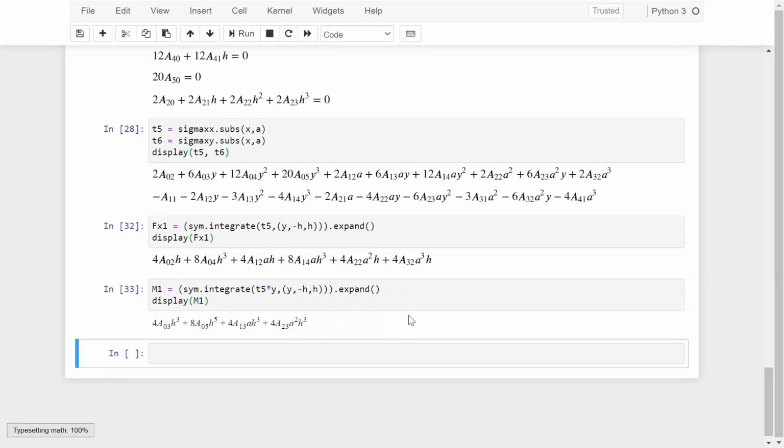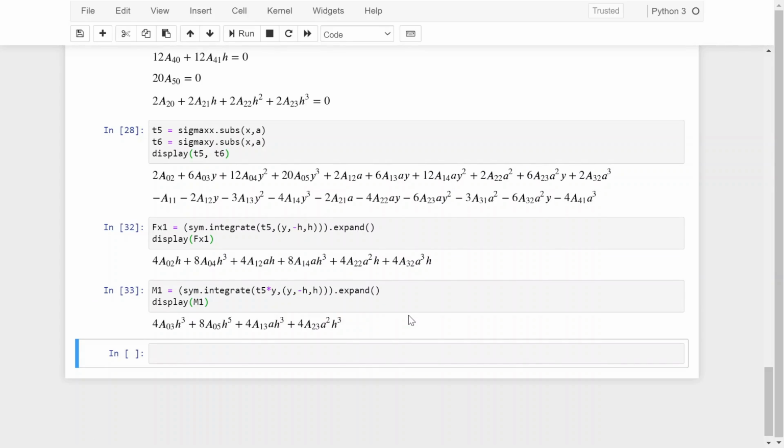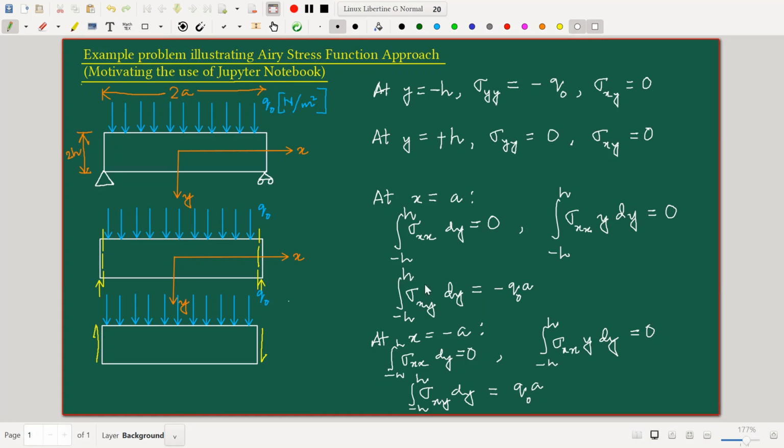m1. Now it's where I want it to be, and let us not forget sigma xy. That sigma xy, where x has been substituted by a, is stored in T6. To implement this boundary condition, at x equal to a, the integration of sigma xy from minus h to h dy is equal to minus q naught a.